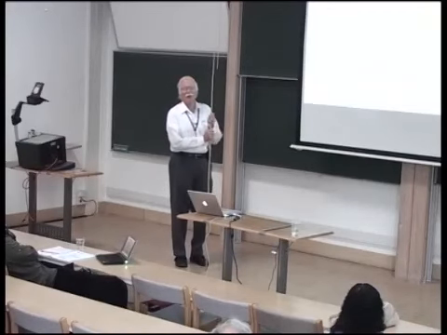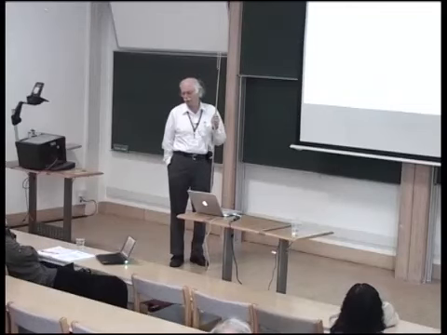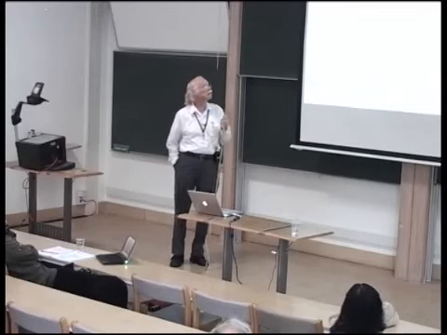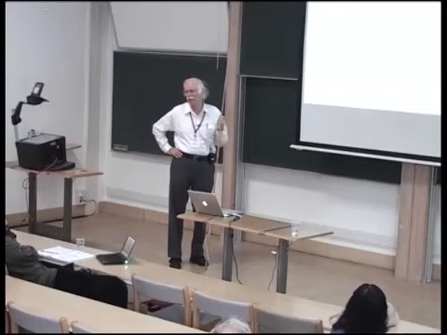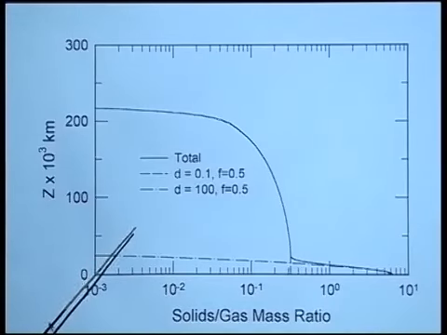Now, the whole idea of doing this was not so much to look at what a single particle size does, but also to look at what the relative velocities are between systems which have more than one particle size. And here I have a 50-50 mixture of millimeter and meter-sized particles showing the vertical distribution of them separately.